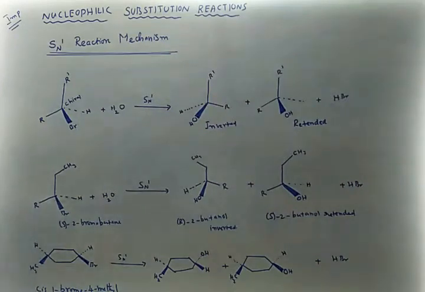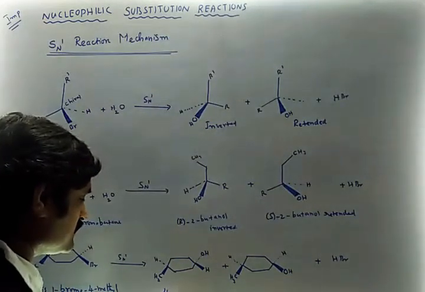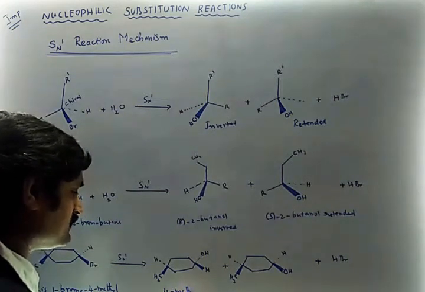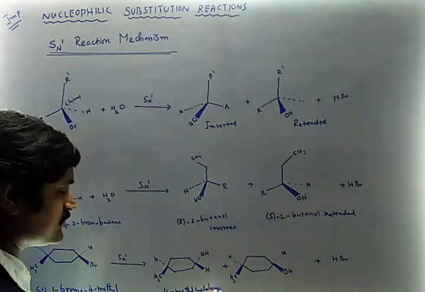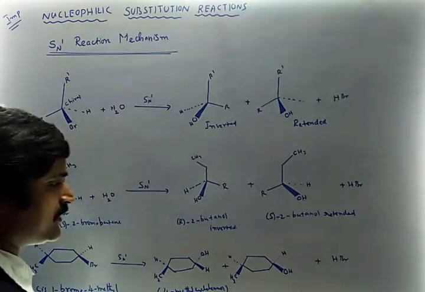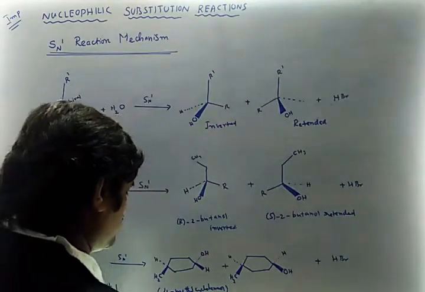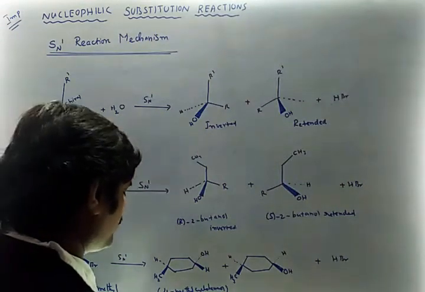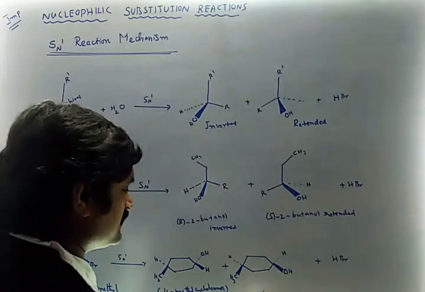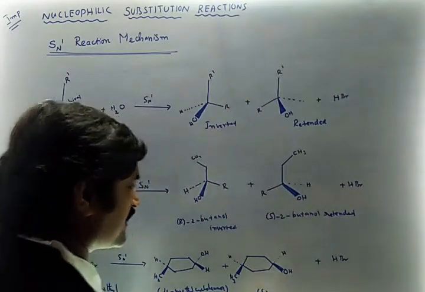In this compound we got 4-methylcyclohexanol. This is R configuration, this is S configuration, this is R configuration, this is S configuration.